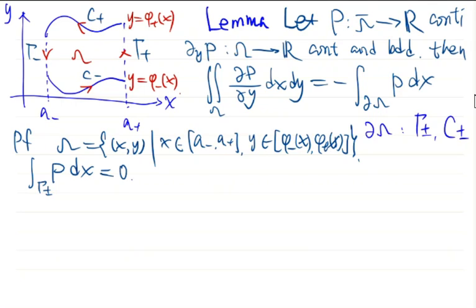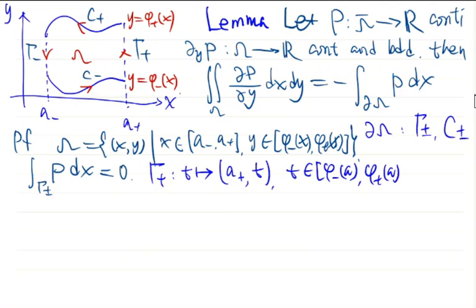Such an integral, you can compute using a parametrization of the curve. For example, gamma plus is the curve: map t to the point whose x coordinate is a plus, and whose y coordinate is t, where t runs in the interval from phi minus of a to phi plus of a.